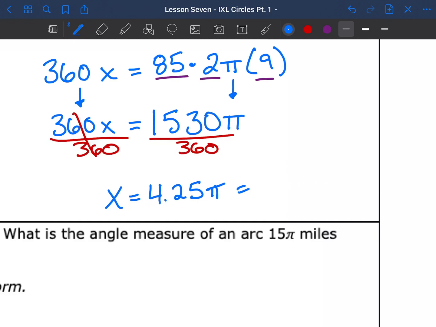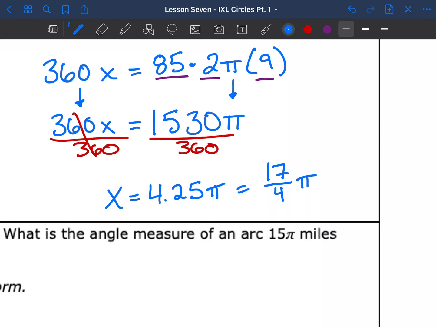This one, 0.25, what you need to do is convert it. The way you would convert this one is you would have a 4 on the bottom, because 0.25, how many quarters do you have in a dollar? 4, and a quarter is 25 cents. So what you do is 4.25 times 4, and it would be 17 pi.